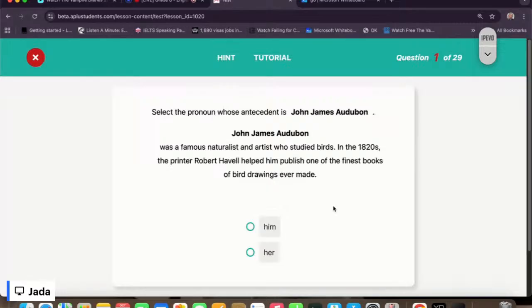Select the pronoun whose antecedent is John James Audubon. John James Audubon was a famous naturalist and artist who studied birds.